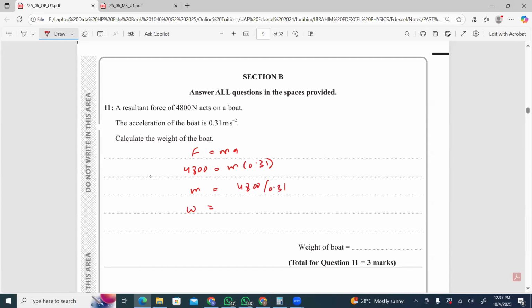Then the weight is w equals m times g. So 4800 divided by 0.31 is your mass, and the value of g is 9.8.